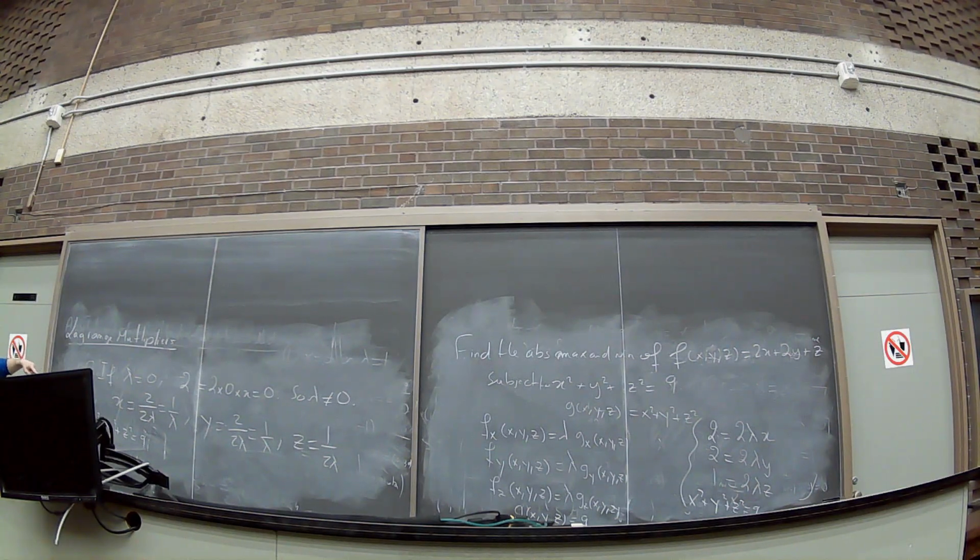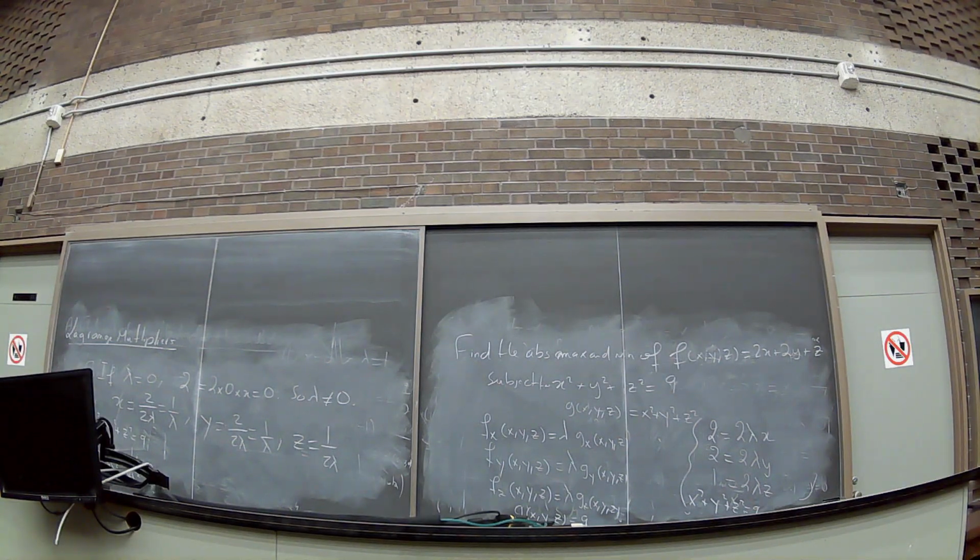Here, what do you get? You get 4 over 4 lambda squared, right? Plus 1 over 4 lambda squared, is equal to 9.